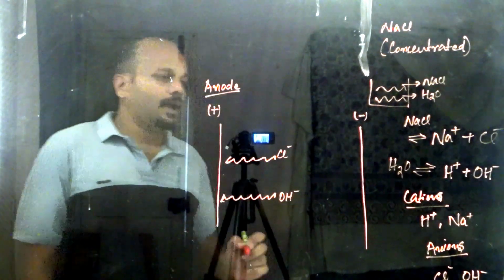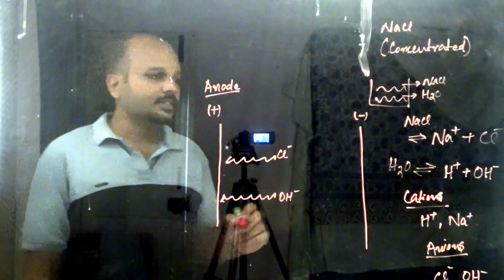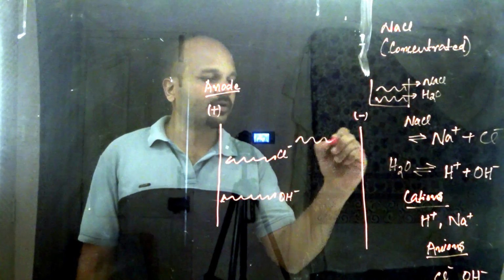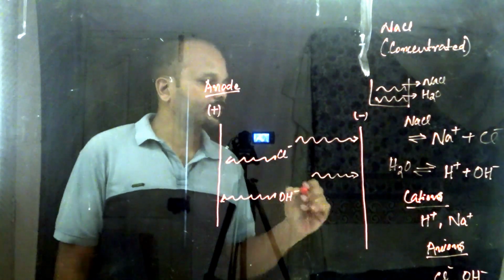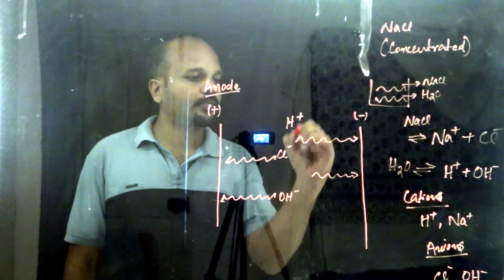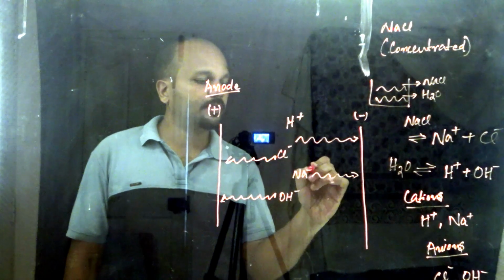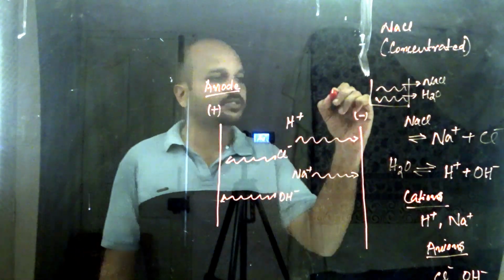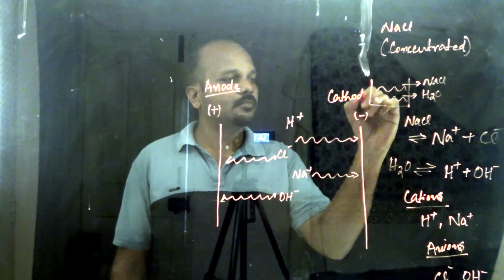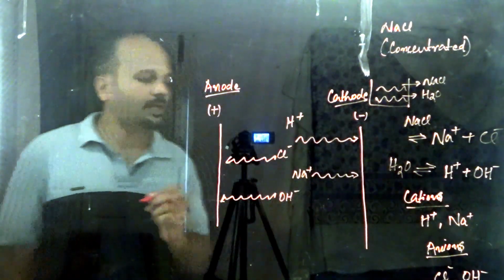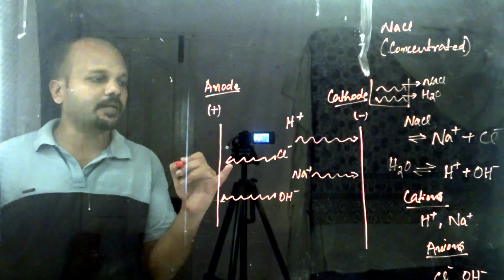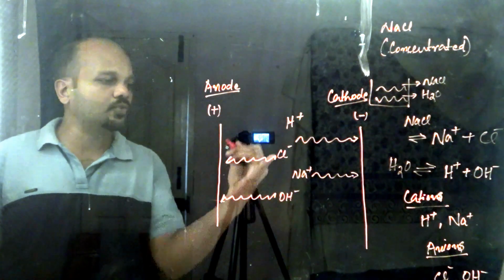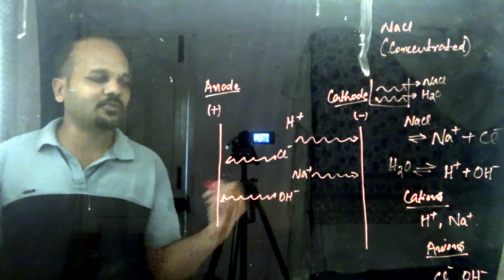Towards the negative electrode, the cathode, H plus and Na plus will be passing. At the anode, two ions are there, Cl minus and OH minus.